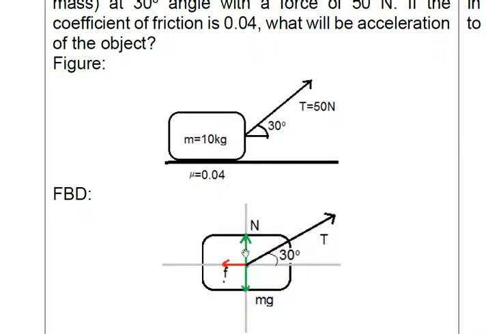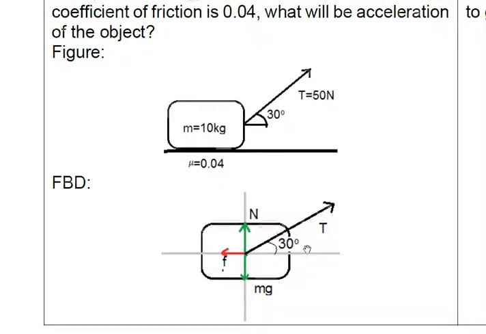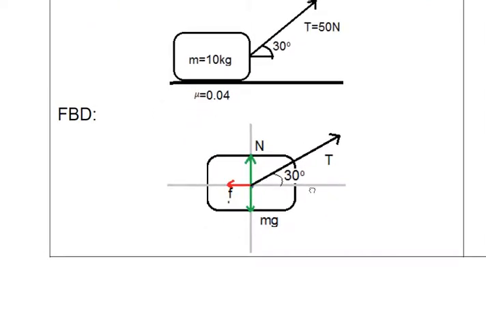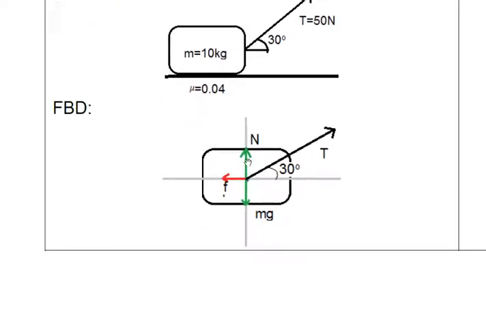So you have here the forces. Just imagine that the center of the box is where every force is acting. You have the normal force going upward, which is the force exerted by the floor supporting the object. And you have the weight of the object, that is mass times gravitational acceleration.